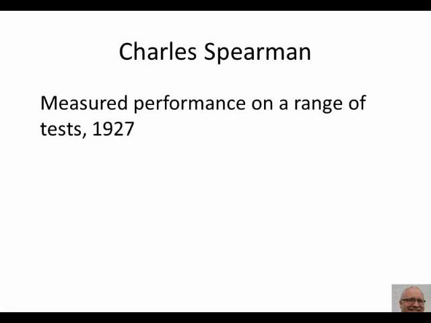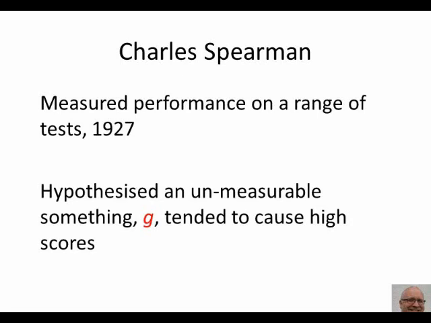And he looked at these tests, and after working on the results and doing some statistical analyses, he hypothesized that there was an unmeasurable something, a G he called it, general intelligence, which tended to cause a high score. So if you got a high score on maths, it tended to be because you had a high G, general intelligence, and a high aptitude and training or knowledge of maths.